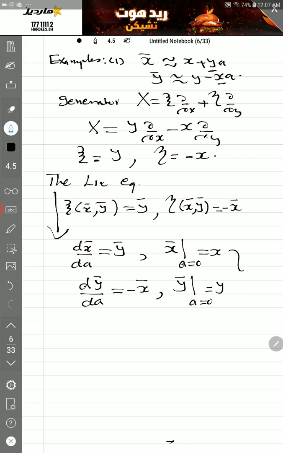These are the Lie equations we have. After solving this Lie equation, from the first equation, if you differentiate again with respect to a, you get d square x bar by dA square equal to dy bar divided by dA.